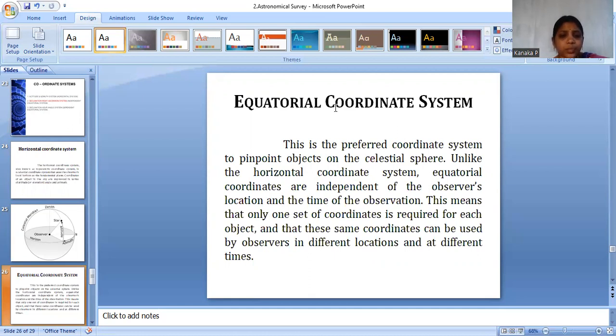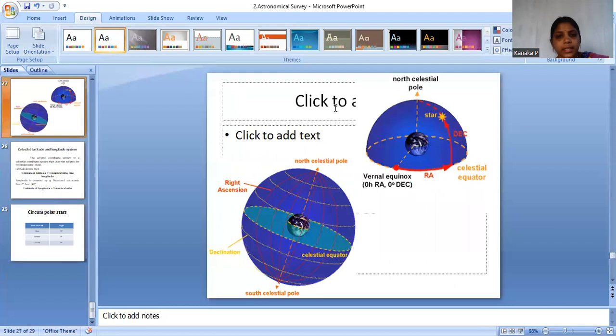This means that only one set of coordinates is recorded for each object, and the same coordinates can be used by observers in different locations and at different times. Here we have the north celestial pole, the south celestial pole, the vernal equinox at 0 hours of right ascension, 0 degrees declination. This is the right ascension along the celestial equator.